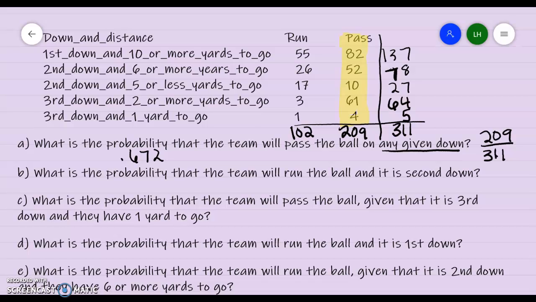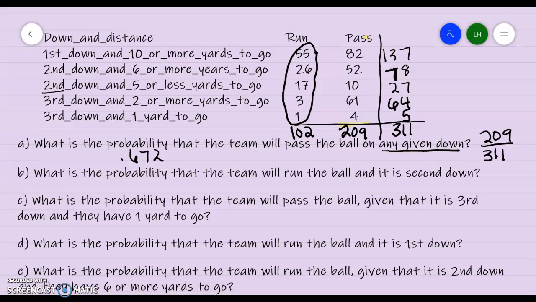All right, for the next one, we want to know what is the probability that the team will run the ball and it is second down. So when it's "and," it has to be both. What I always do is circle run and then circle second down.